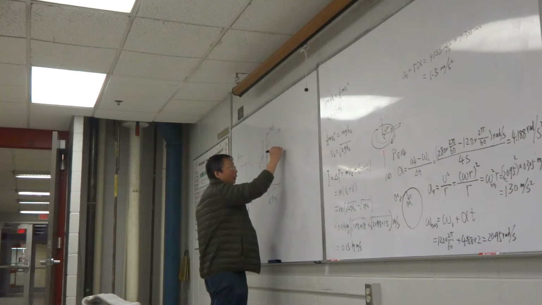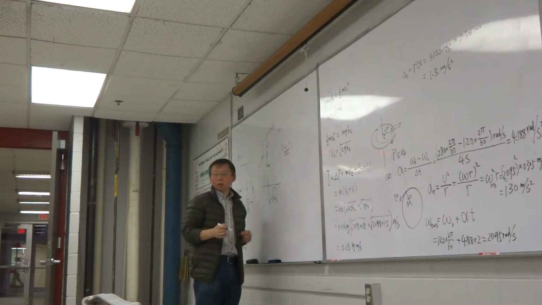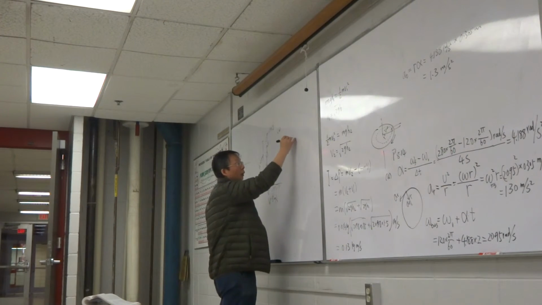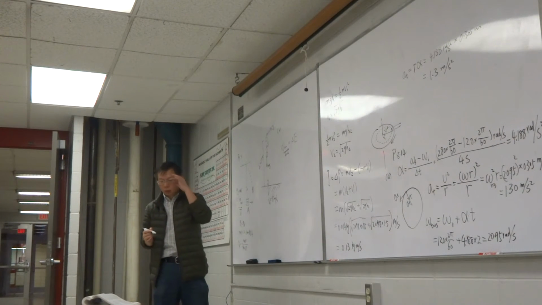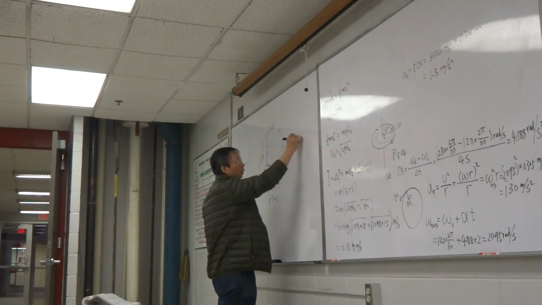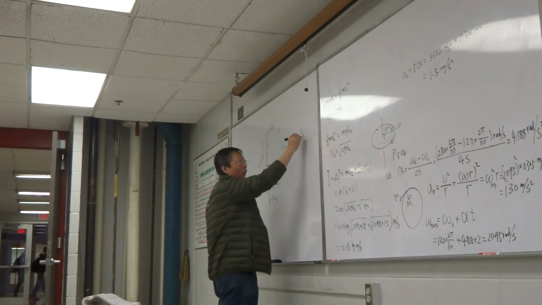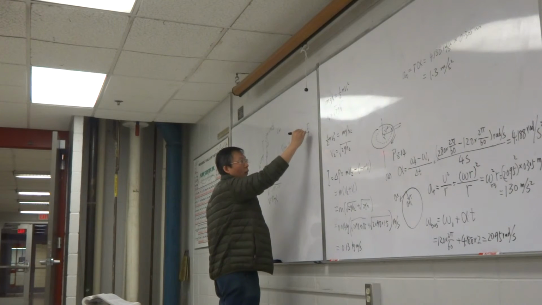The work done by the non-conservative force equals the change of total mechanical energy. We talked about this before? So this is the formula you need, actually. The change of mechanical energy is just the mechanical energy at the final point minus the mechanical energy at the initial point.